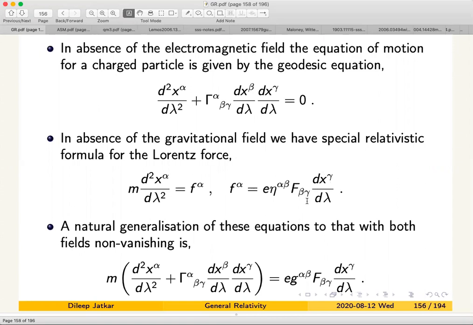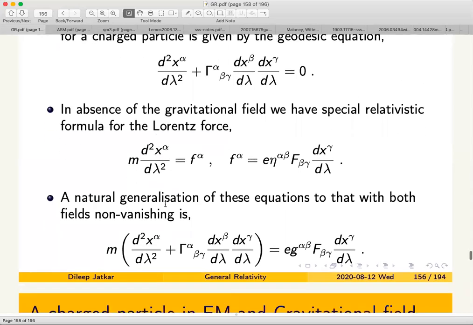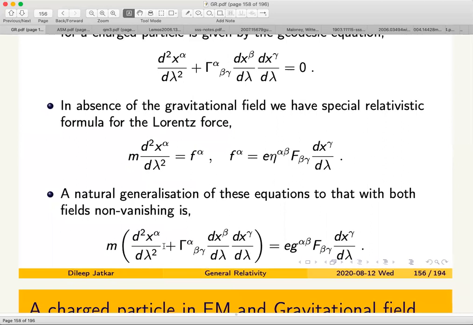So natural generalization of the geodesic equation would be that in the absence of electromagnetic field, the equation looks like the ordinary geodesic equation. But in the presence of electromagnetic field, you would write down the geodesic equation as: left hand side remains the same, but right hand side is no longer zero because there is some force acting on this charged particle.